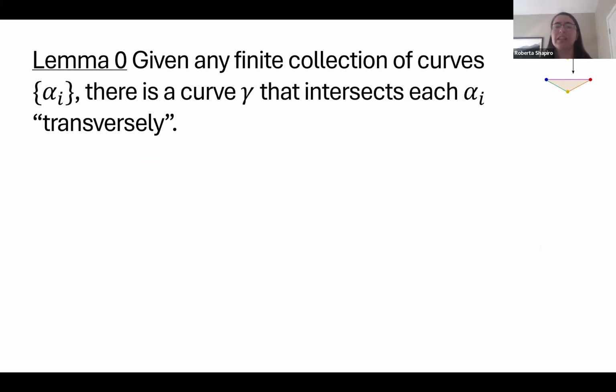And really, there is something that's hidden here, and it's the following lemma, which I will say makes sense that it's true. Given any finite collection of curves, there is another curve that intersects them all transversely, or finitely many times, all at crossing intersections. Because the word transverse doesn't mean too much if we're not talking about smooth objects. Right.